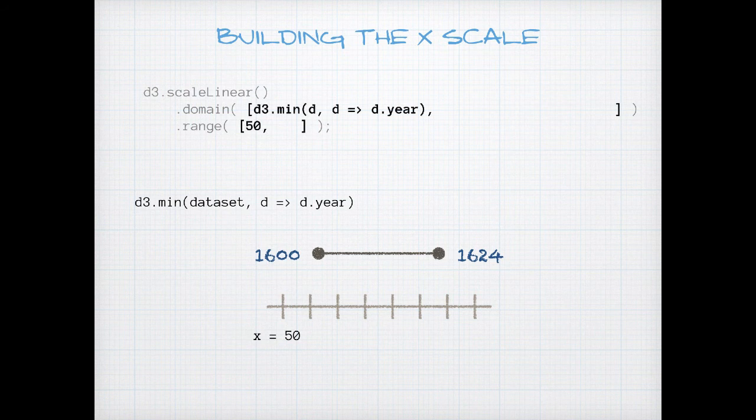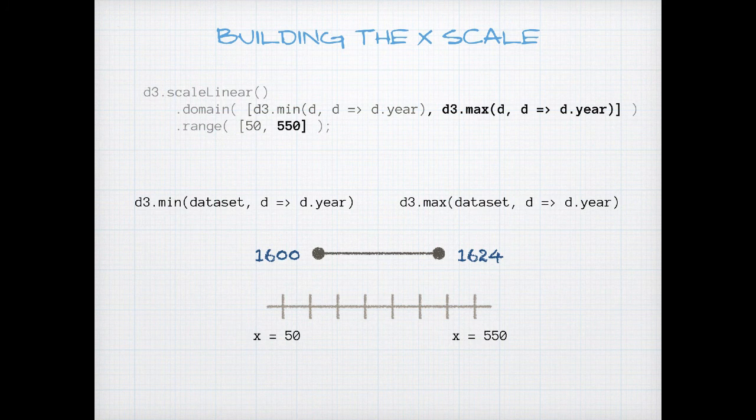D3 min correlates to range 50. And by the same token, the biggest number in my years is going to be D3 max, and that'll correlate to, say, X equals 550. Again, that's going to give us 50 pixels on either side. Is that enough? We'll see. So if I fill in those blanks too, D3 max now correlates to 550. In this case, the domain goes from small numbers to big numbers, and the range goes from small numbers to big numbers as well. But D3 doesn't care one way or the other.